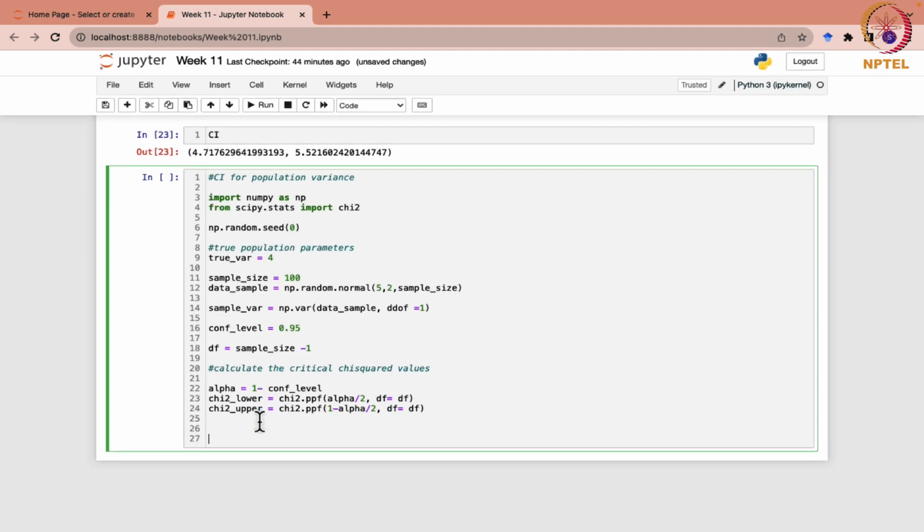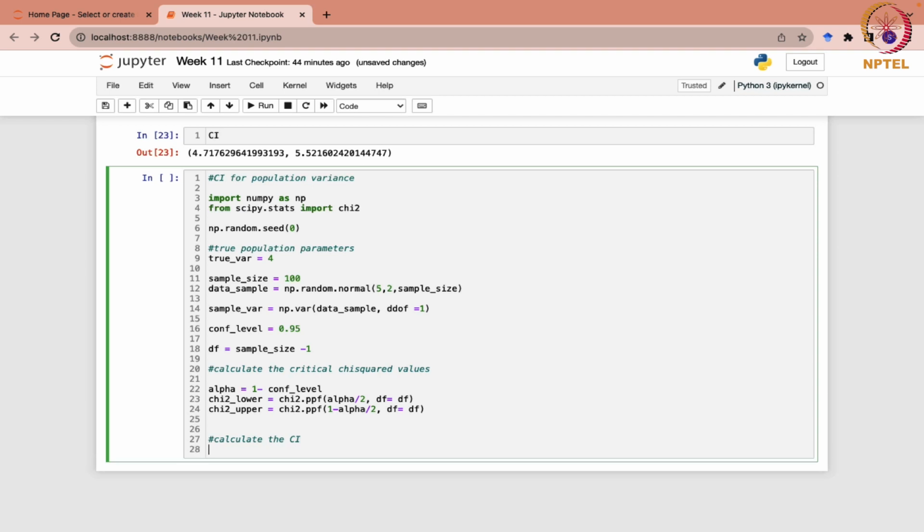Now we can calculate the confidence interval for population variance.